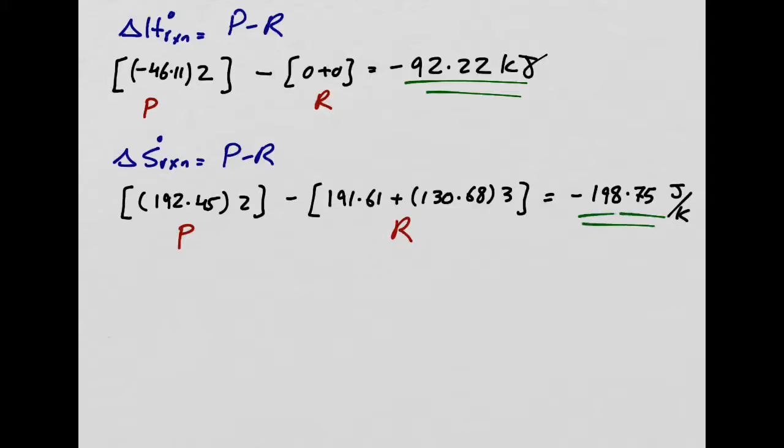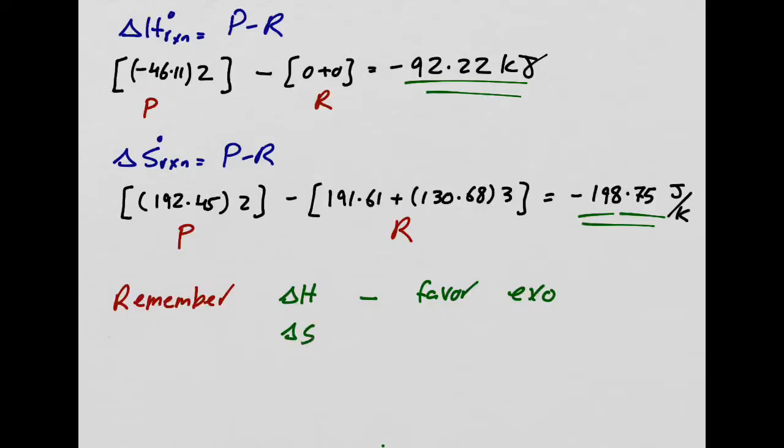Will this reaction happen or will it not happen? What do you think? Here's what I need you to remember, and I'm going to write this down. If delta H is negative, that means it's favored. Exothermic reaction is favored.